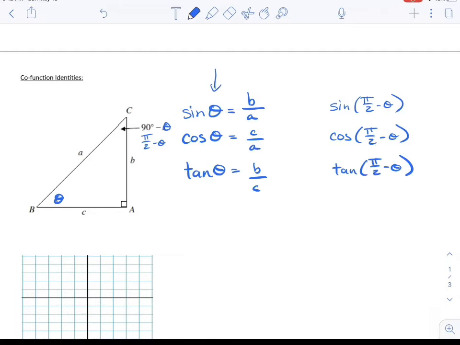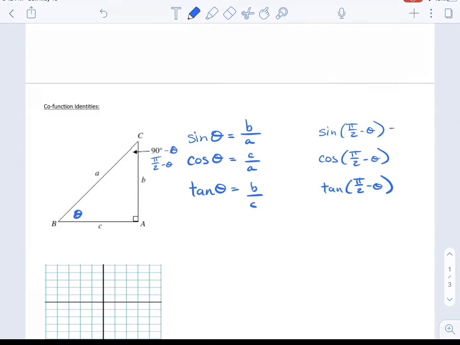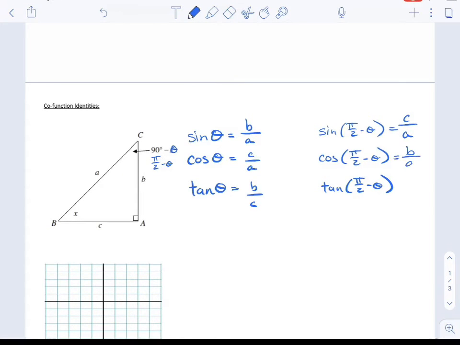Theta is the angle in the bottom left-hand corner of our triangle, and pi over 2 minus theta is the angle in the top corner. So let's see what those are equal to. So sine is opposite over hypotenuse. So in this case, our opposite is c, hypotenuse is a. Cos is b over a. And tan is equal to opposite over adjacent, so c over b.